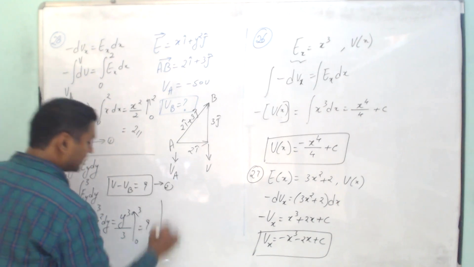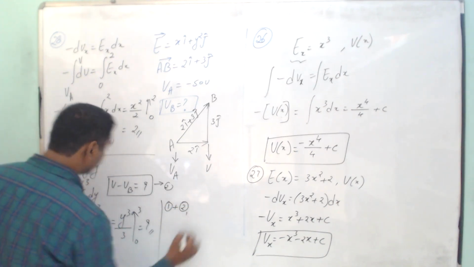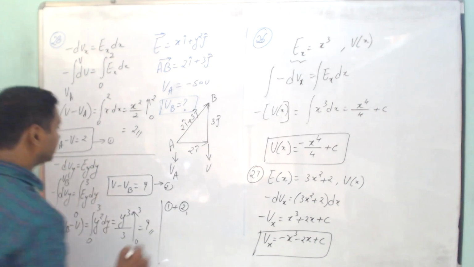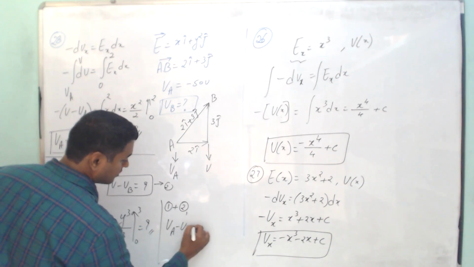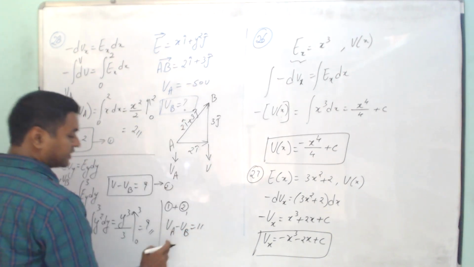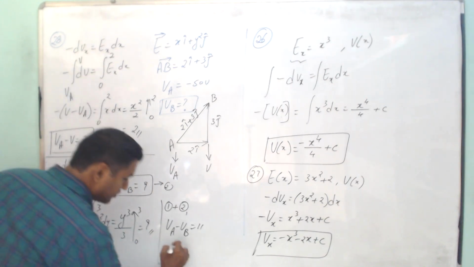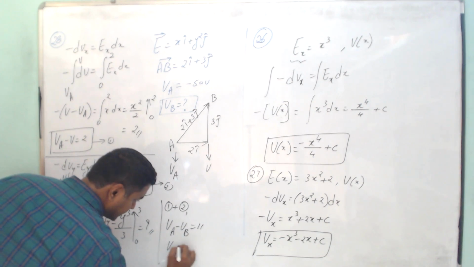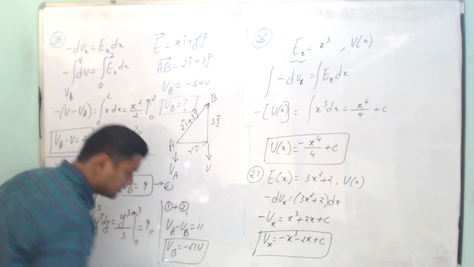By adding 1 and 2, I will get VA minus VB is equal to 11. VA is given as minus 50 volts. So I can write VB is equal to minus 61 volts. Is this clear?